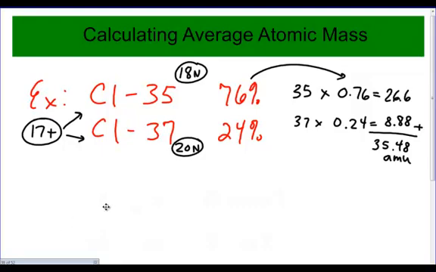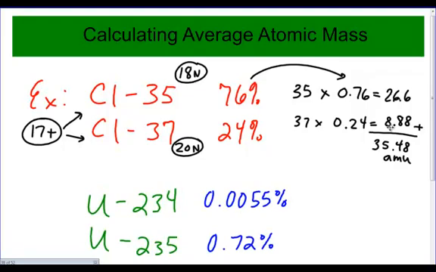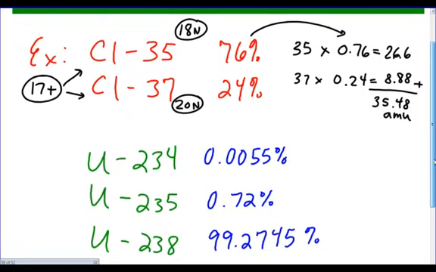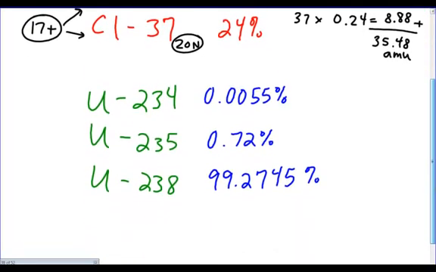Another example would be uranium. Now uranium has 3 different types of isotopes in the universe. And you notice that uranium-238 is what you're going to find most of the time. Uranium has 92 protons, so all of these isotopes of uranium will all have 92 protons.